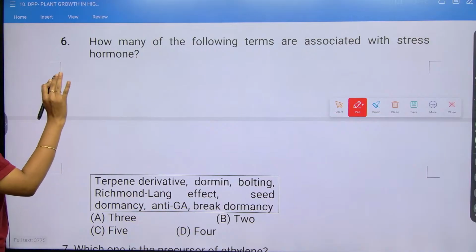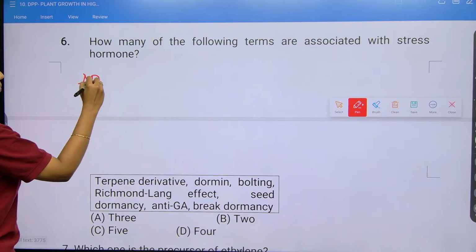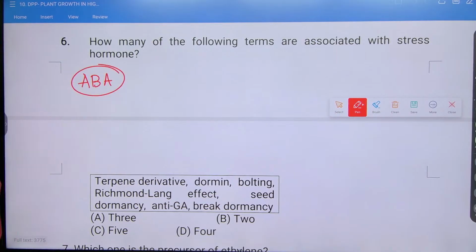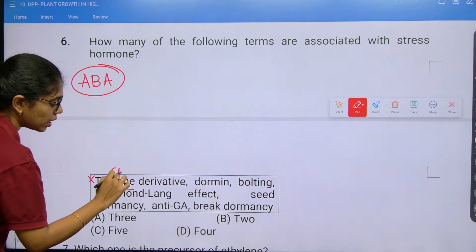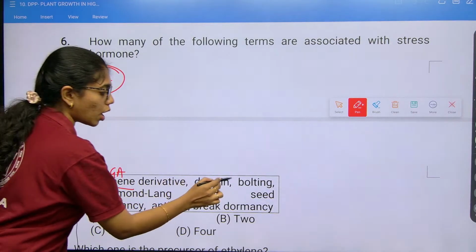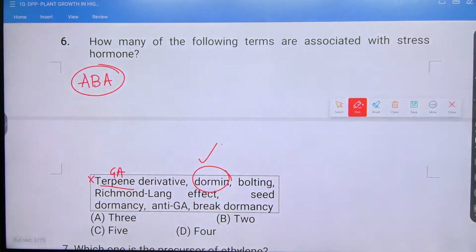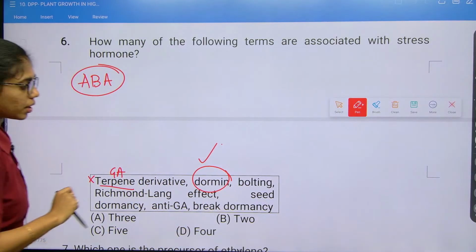Stress hormone, first of all, it is abscisic acid, or what derivatives? Terpenoid derivatives or carotenoid, not terpene. Terpene derivatives are gibberellic acid. Yes, dormin. Yes, right, one of the types of discovery, dormin.